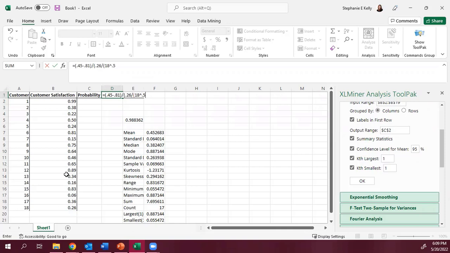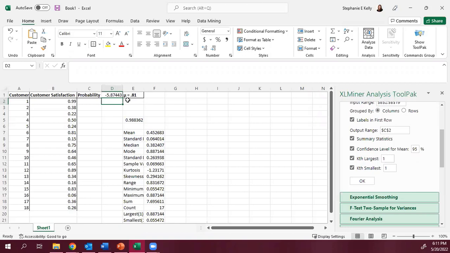Raising something to an exponent of 0.5 is the exact same thing as taking the square root. Note here that I used an extra set of parentheses because I want to make sure that Excel knows that the square root of 18 is what I want to be dividing the standard deviation by. And oh my goodness, that is really low.